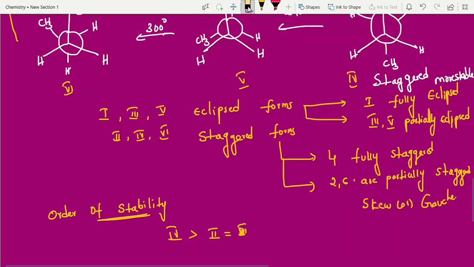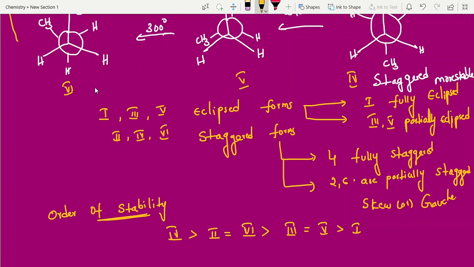Fourth and sixth are more stable. After that, third one is equal to fifth one. Then the last one is the first one. Least stable is the first one.